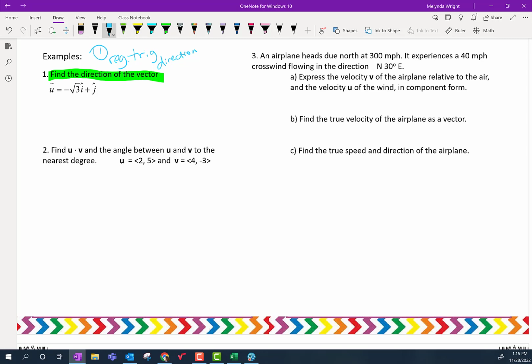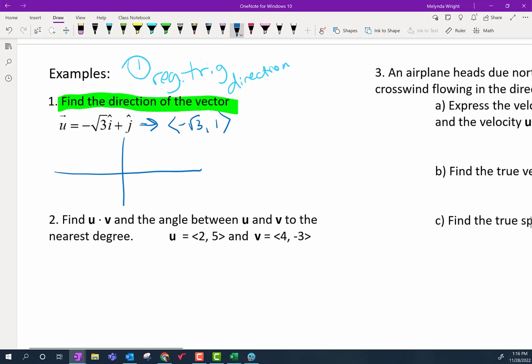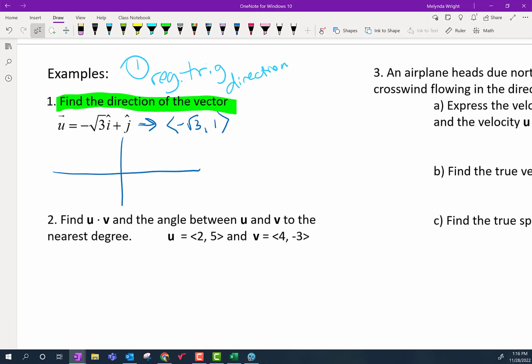It's just a regular old problem where what I would do is graph this. And for some students, it's easier to put this into component form. In component form, this would be negative root 3, 1, where negative root 3 is my x component because it's in front of the I, and 1 is my y component because it's in front of the j.